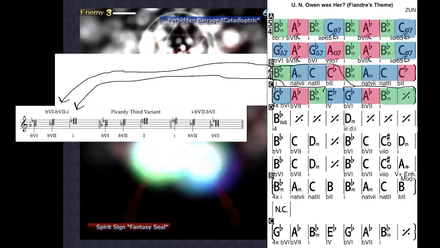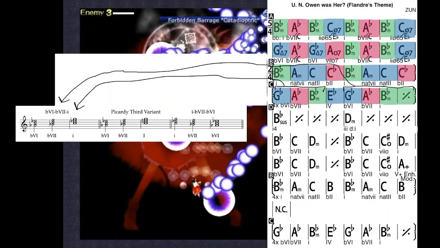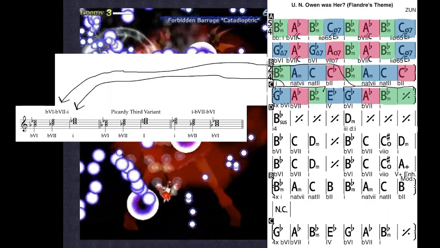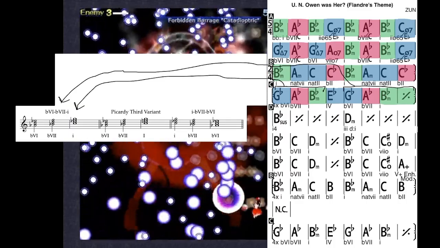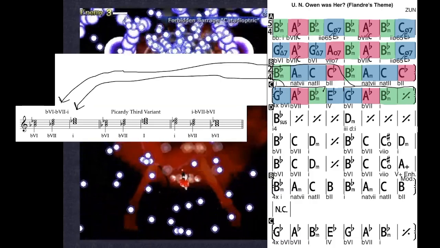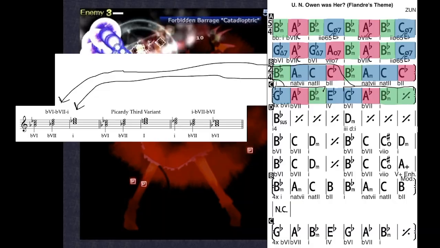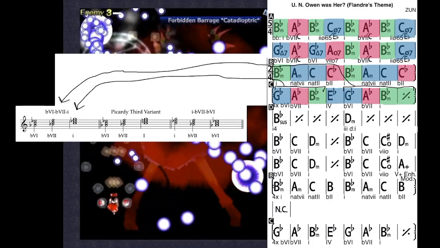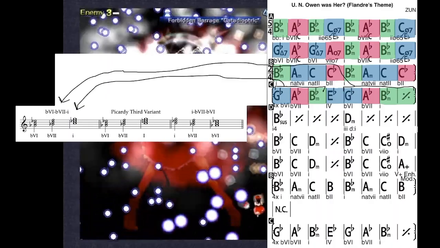I can also think of like, that's 4 to flat 6. That's a 4 chord to flat 6, right? It's weirdly common in Nintendo music to have a major 4 chord move to flat 6.